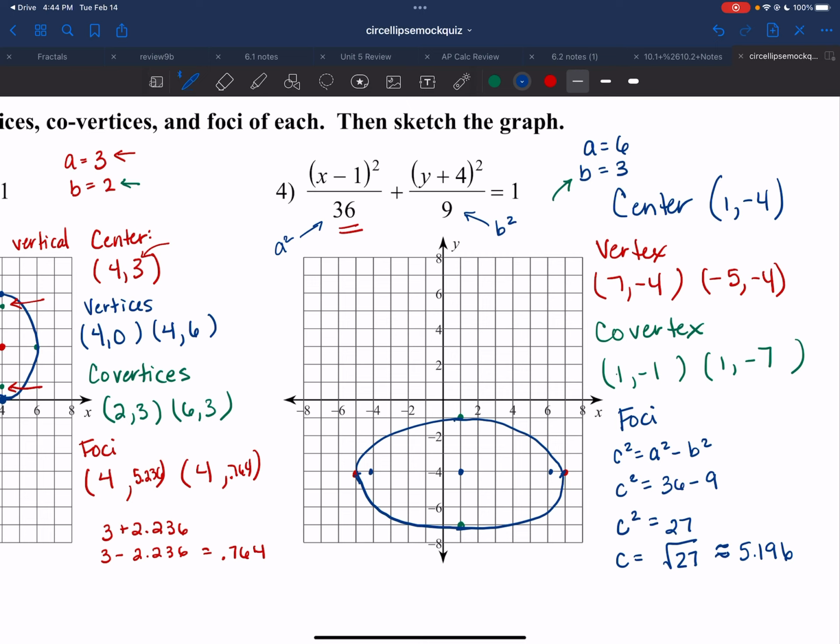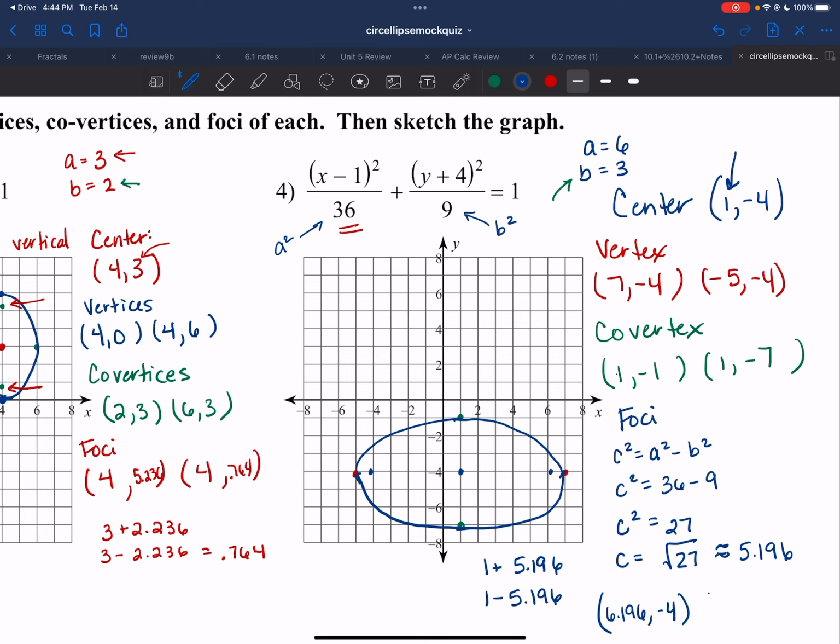You can actually probably see this focus as we plot it. It's going to go in the x direction. So in the x direction, my center is at 1. So I'm going to do 1 plus 5.196 and 1 minus 5.196. So 1 plus 5.196 gives me 6.196, and I'm at -4.